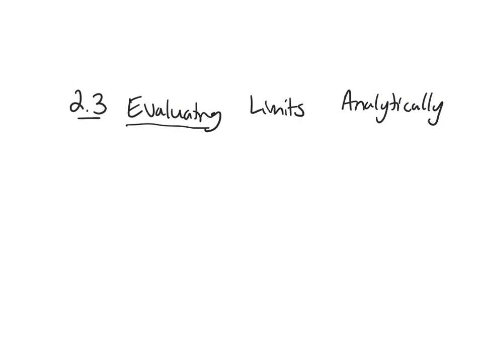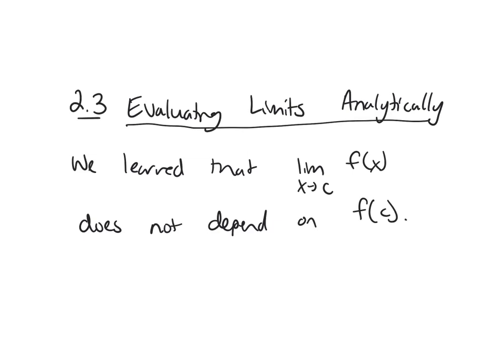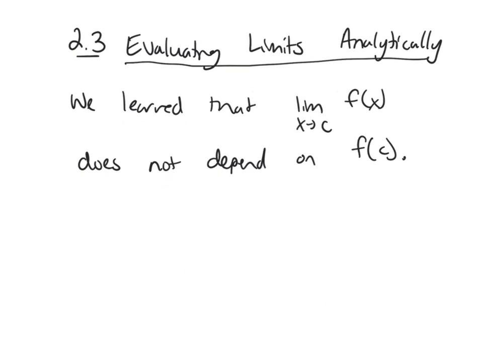So one thing we learned in the last section is that the limit as x approaches some number, I'm going to call it c, does not depend on evaluating my function at c. So what's happening at x equals c doesn't impact the limit. But sometimes these two things are equal.